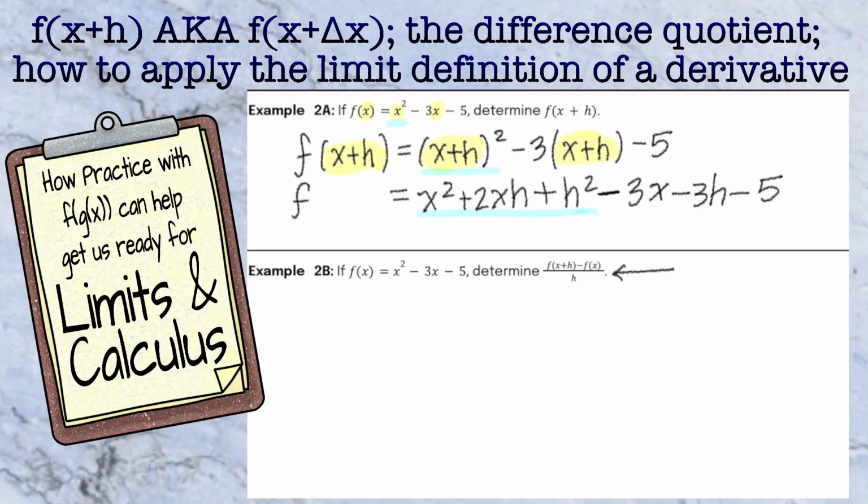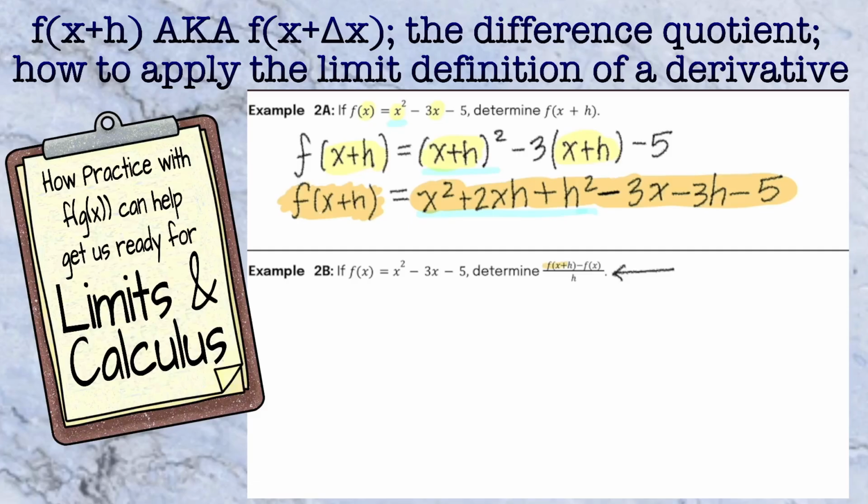So the f of x plus h is x squared plus 2xh plus h squared minus 3x minus 3h minus 5. I'm going to color code that right there, and that is going to be orange. And we're going to use that in part 2, or part B, right down below.